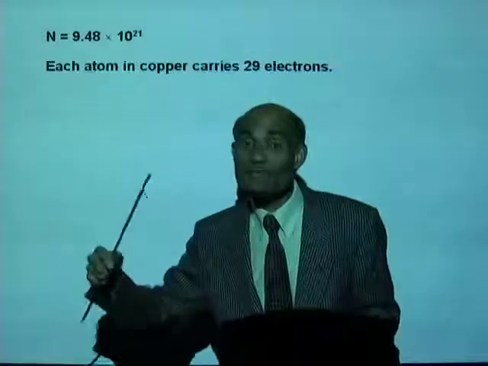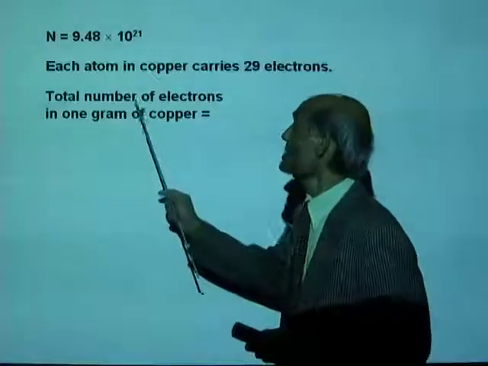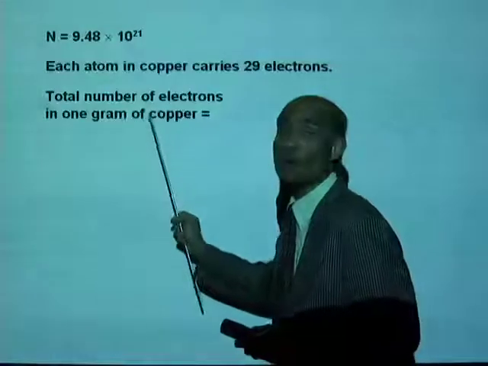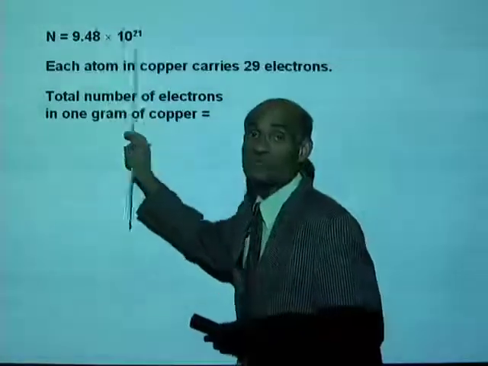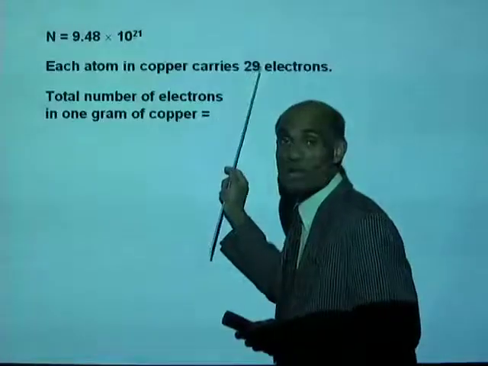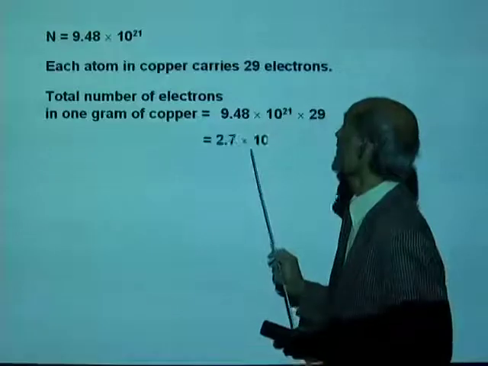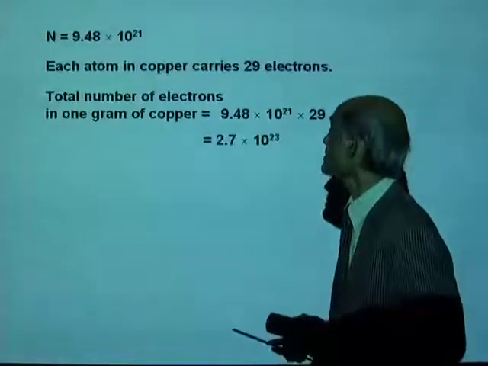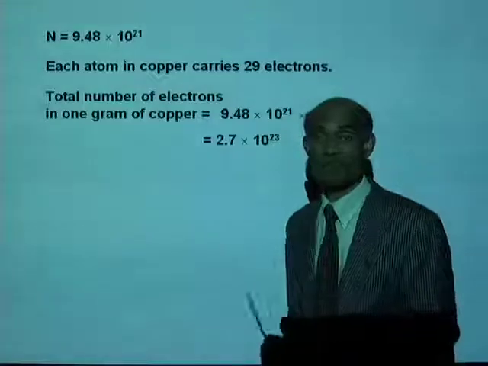So, how many electrons are there in 1 gram of copper? The number of electrons in 1 gram of copper is the total number of atoms multiplied by the number of electrons per atom, and that is 2.7 times 10 to the 23 electrons.